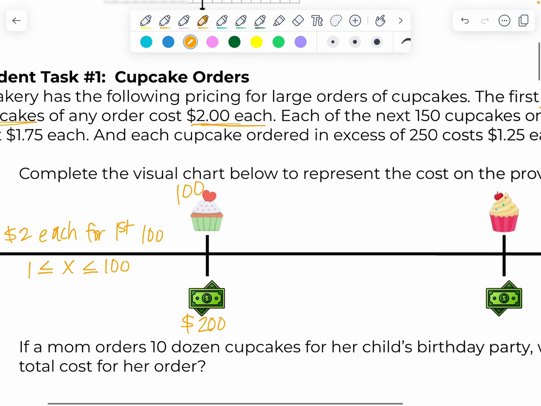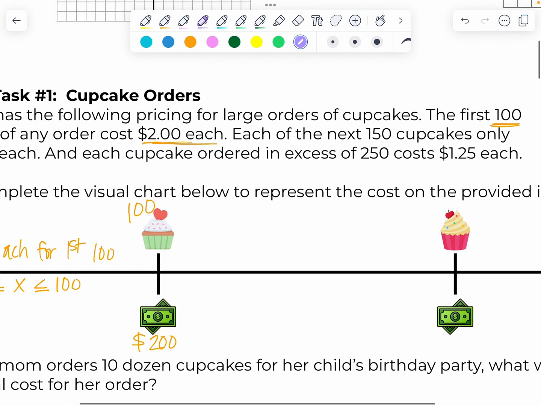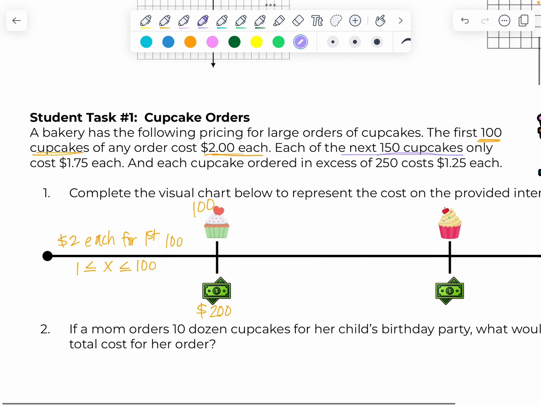Then it says each of the next 150 cupcakes only cost $1.75 each. So I think in this scenario, we realize that to get the price, we're going to have to do $1.75 times the number of cupcakes.